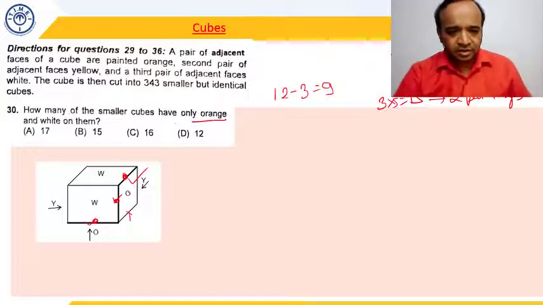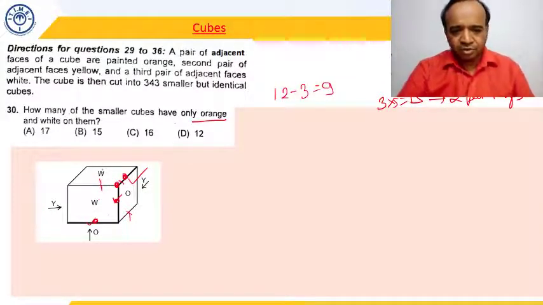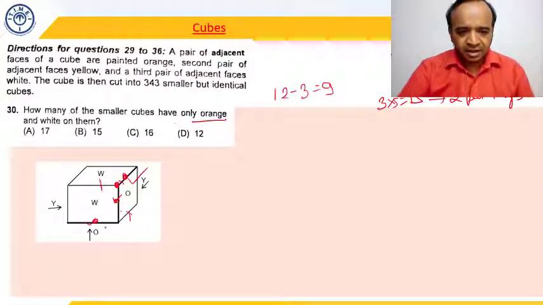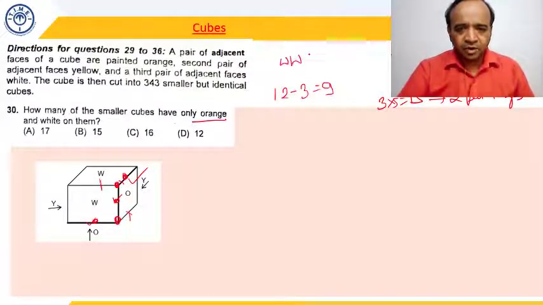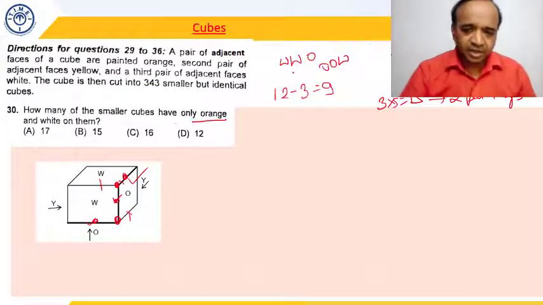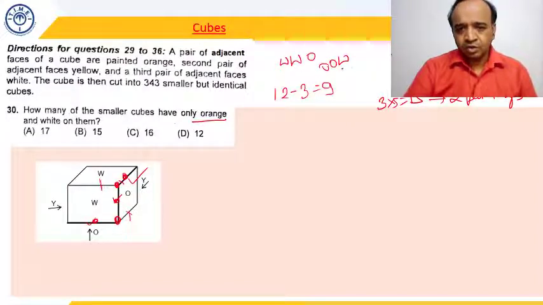So orange and white, only orange and white, this vertex. Fine. So this vertex, WWO, and this vertex, OOW. So these are coming in that category. So WWO is one vertex, and OOW is another vertex which have 3 painted faces but only orange and white. One this, one this. Total, this as well as this is to be considered. This is 2 painted faces, this is 3 painted.